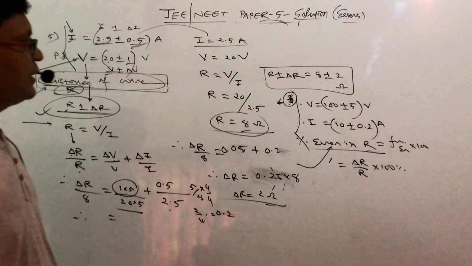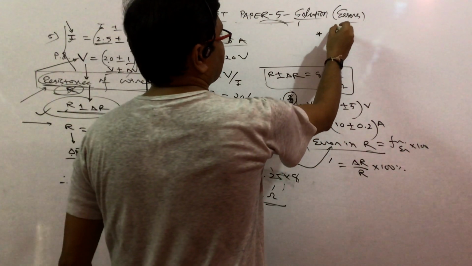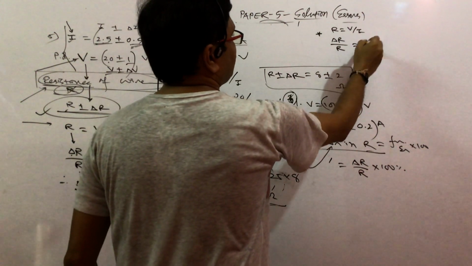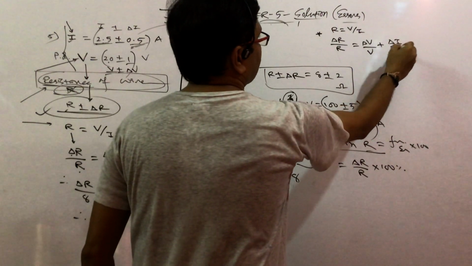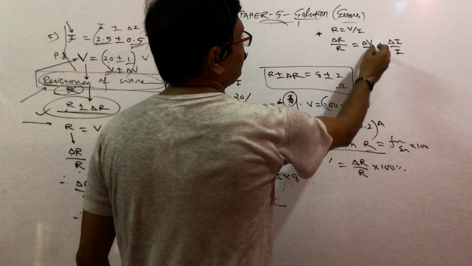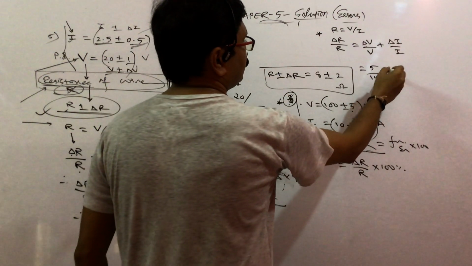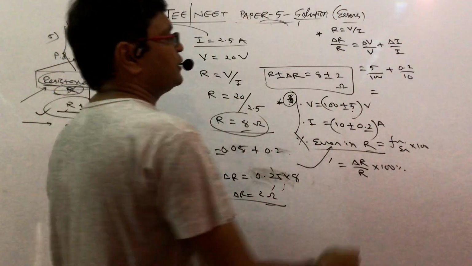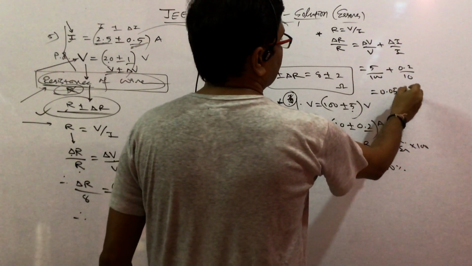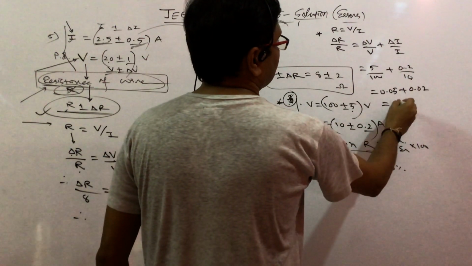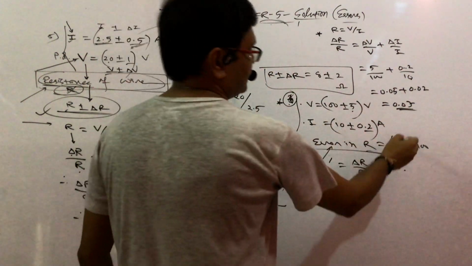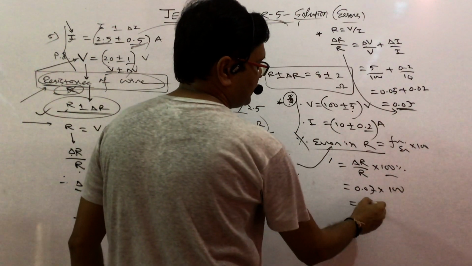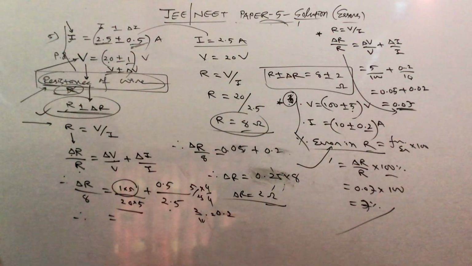So finding delta R by R is easy. We start here: R is equal to V by I. If you represent it in terms of error, delta R by R is delta V by V plus delta I by I. Delta V by V is 5 upon 100, that is 0.05, plus 0.2 upon 10, that is 0.02. So 0.07 is your delta R by R. Multiplied by 100, in short 7%, that is your answer.